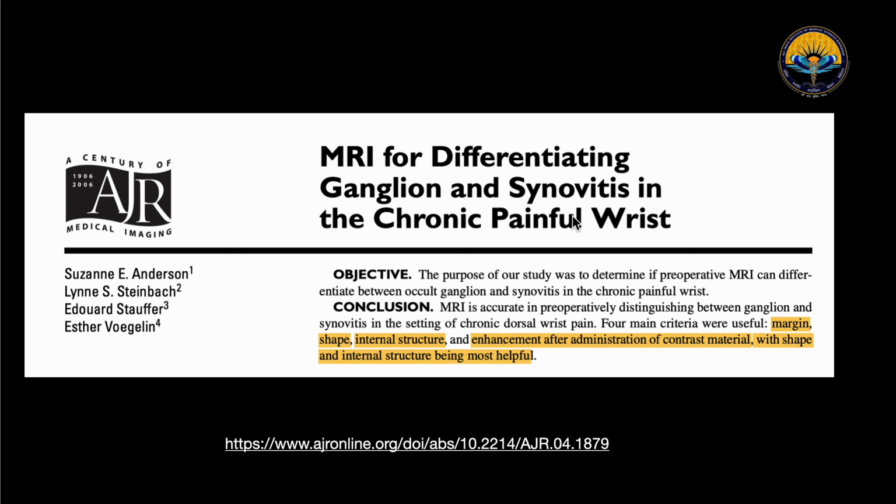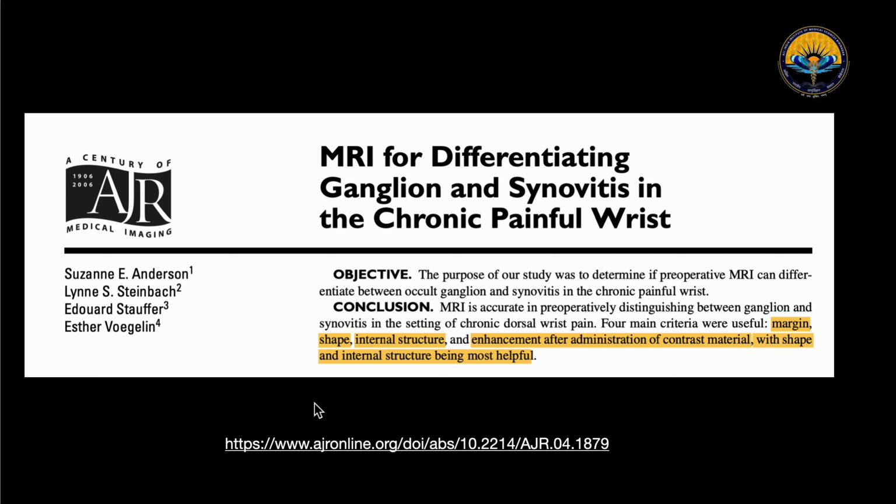First was signal intensity, second was the site, which was not found to be so useful compared to the other 4: margins, shape, internal structure, and enhancement after administration of contrast material. They also said that the shape and the internal structure were the most helpful in differentiating a lesion to be a ganglion cyst or a tenosynovitis.